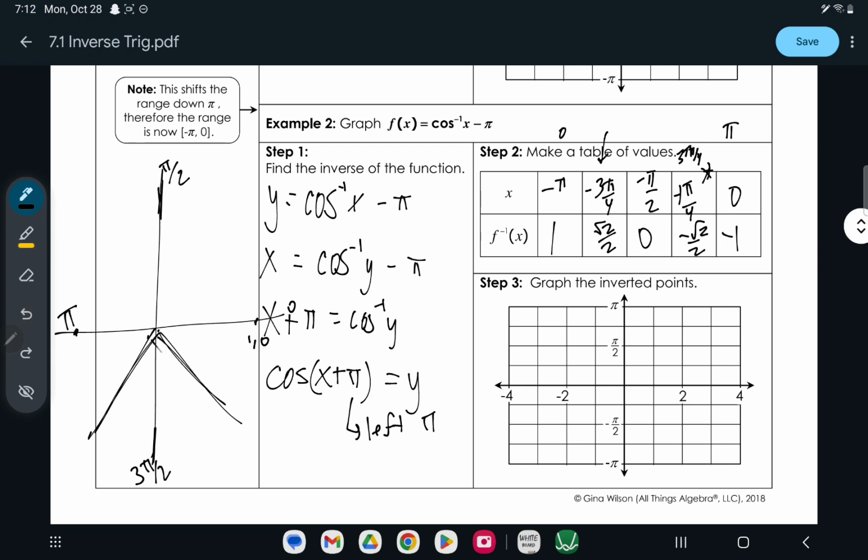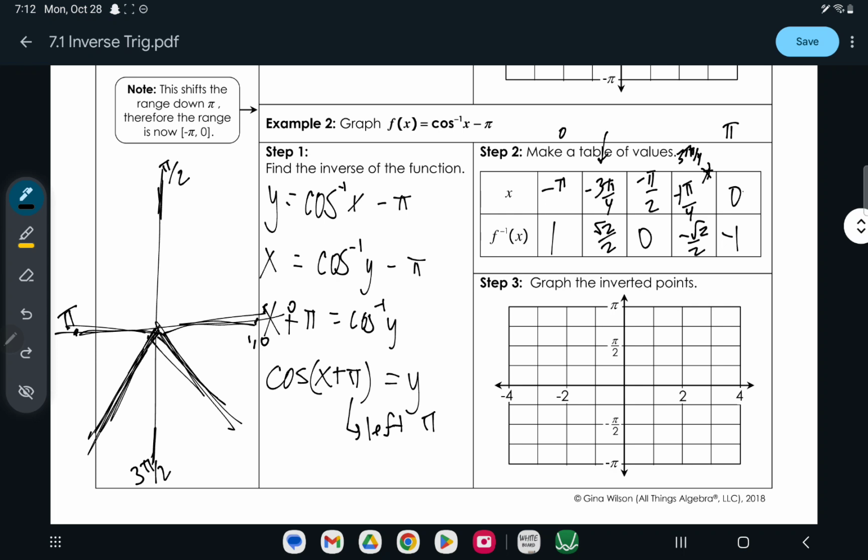Negative pi over 4 is this one. So the mirror image would be here, which would make it negative. And then 0 is here, but mirror image is over here. That's the only thing I can think of with the negatives being different. So I wonder if that's going to happen every time. And we'll find out as time goes on.